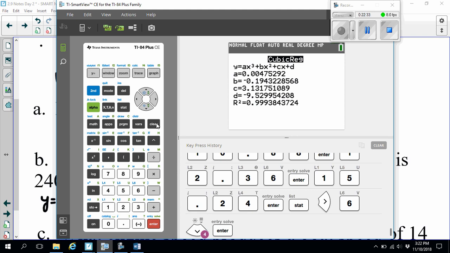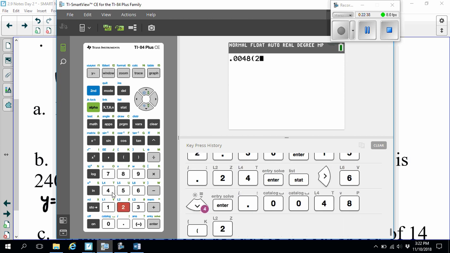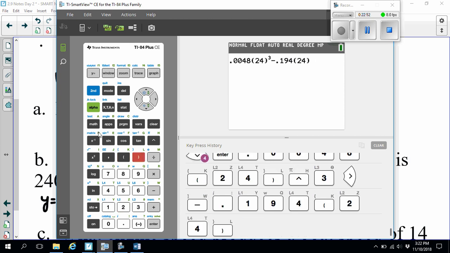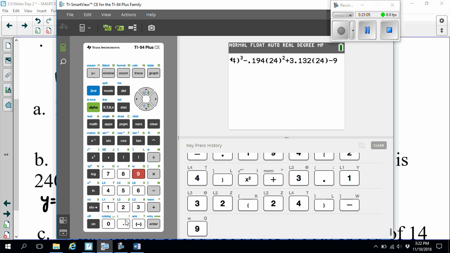So here what we have is 0.0048 times 24 to the third power, then we subtract 0.194 times 24 to the second power, then plus 3.132 times 24, and then minus 9.530, which you don't really need to put the 0 at the end for.